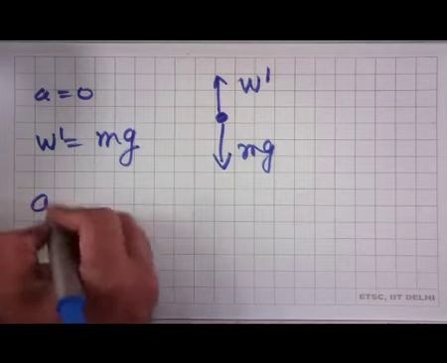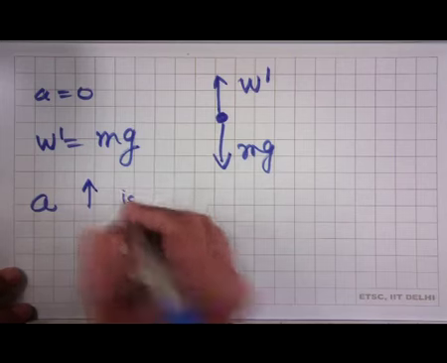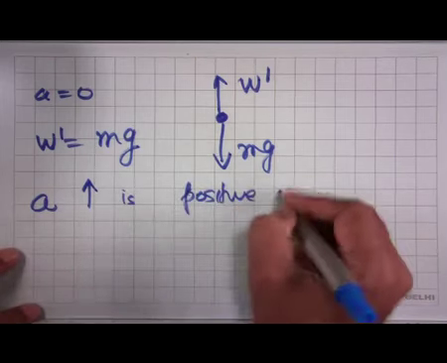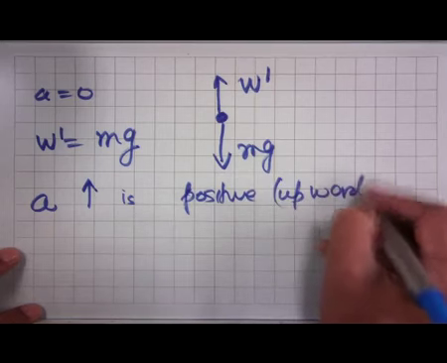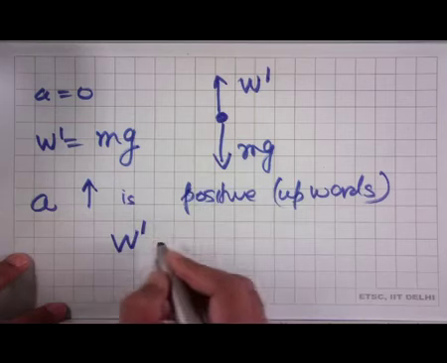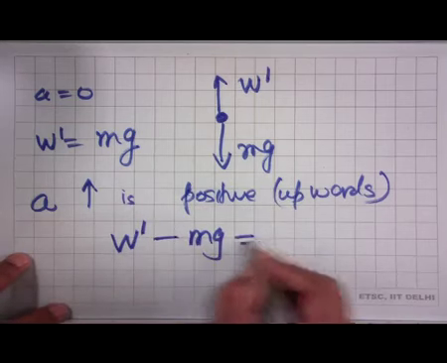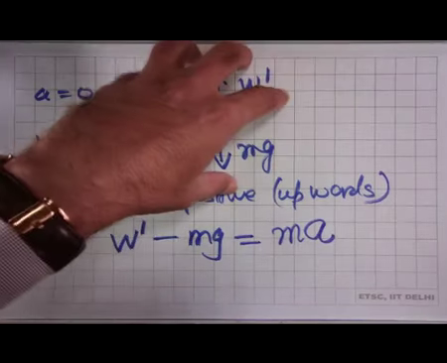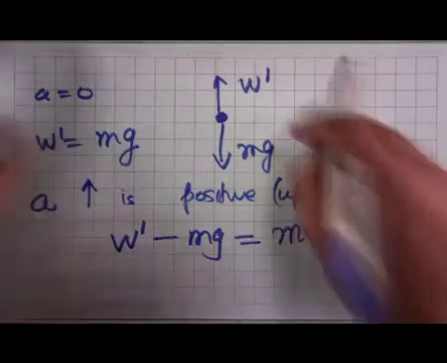Now, if acceleration is upwards, that means positive upwards, then W prime minus mg will be equal to m times a. The free body diagram stays the same, but now the person is not at rest.